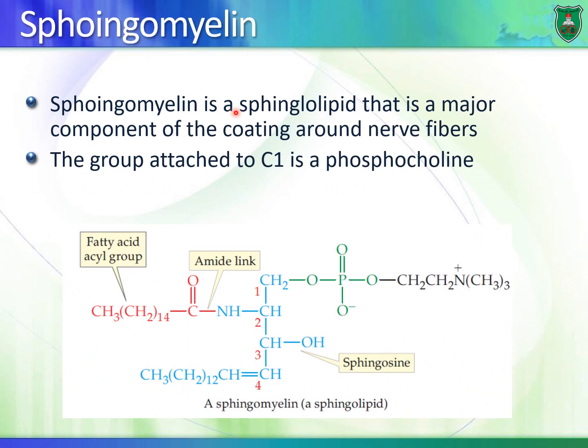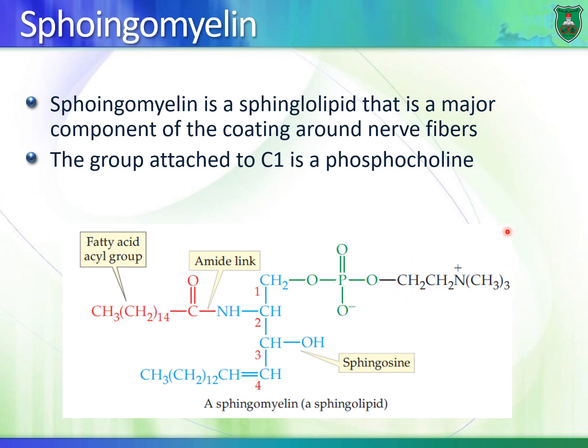So sphingomyelin has a phosphocholine. Okay, so that's carbon number 1 right here. This is the sphingosine backbone. Here's the alkene right here. So we flipped it, okay? So pay attention to that. It's flipped. Now here you have the amide bond right here, linking the fatty acid chain to the sphingosine, and then you have a phosphocholine.